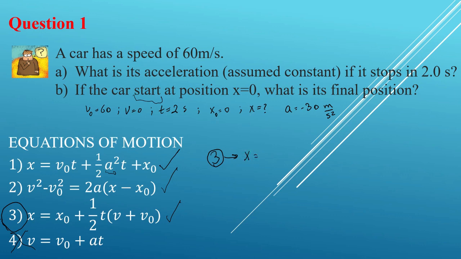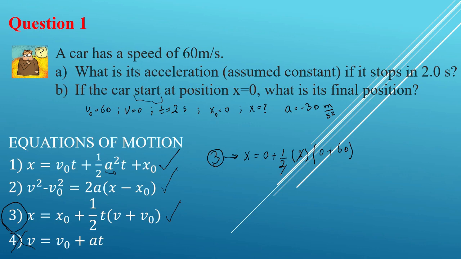So x is equal to x naught, which is 0, right? Plus half of time. My time is equal to 2 seconds, right? And then v, my initial is 0. My final is 60, right?